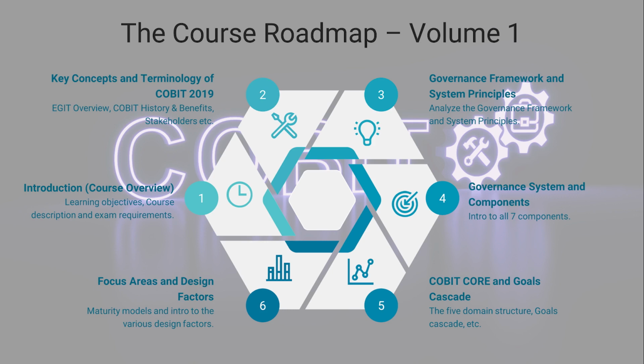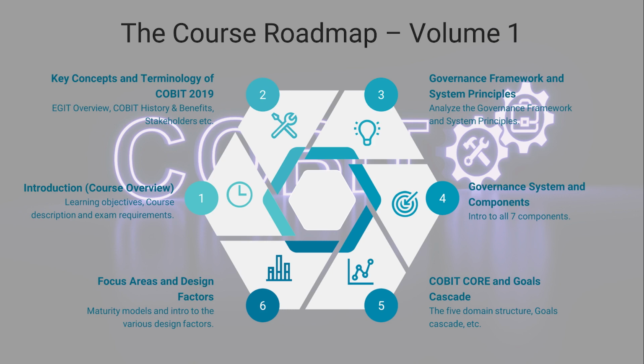Then we move into governance and system components. These components were formerly called enablers in the previous versions of COBIT. They can be either generic or very specific to an organization. In other words, they can be tailored. COBIT 2019 introduces 7 different components. We'll go through those components and see how they support the enterprise governance of IT.